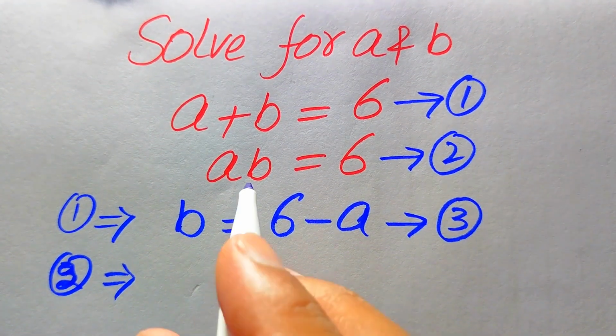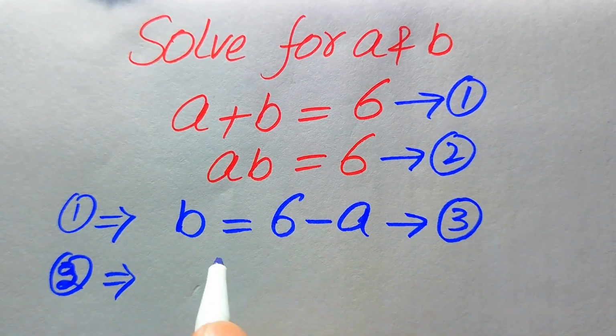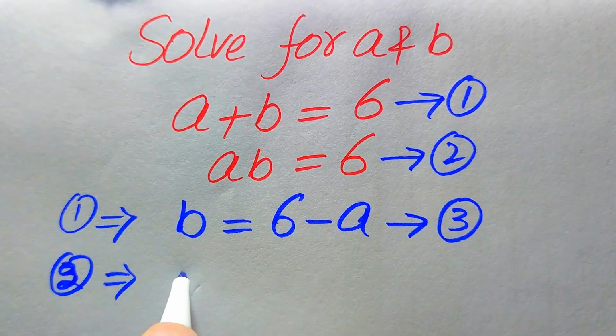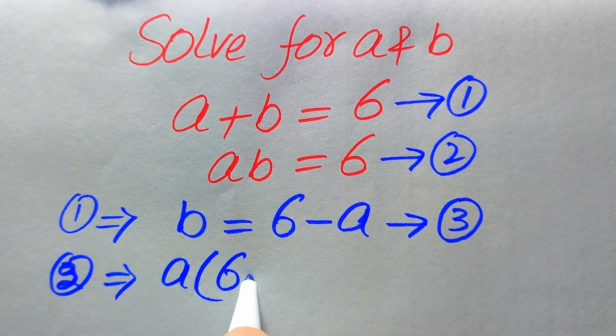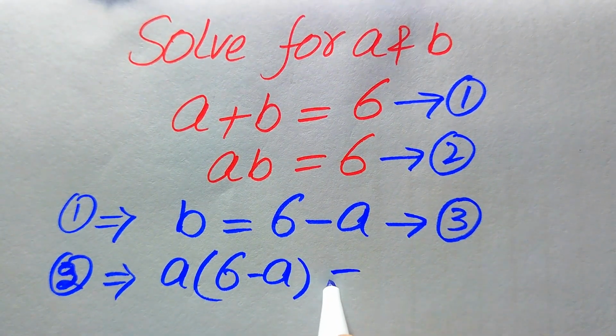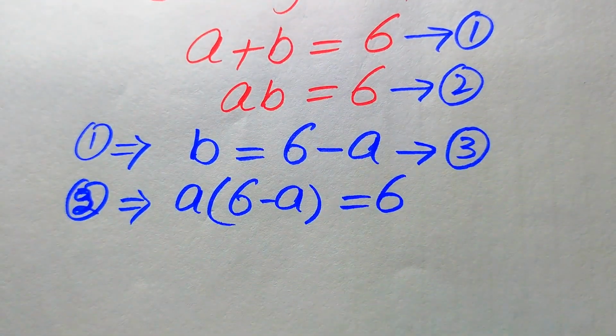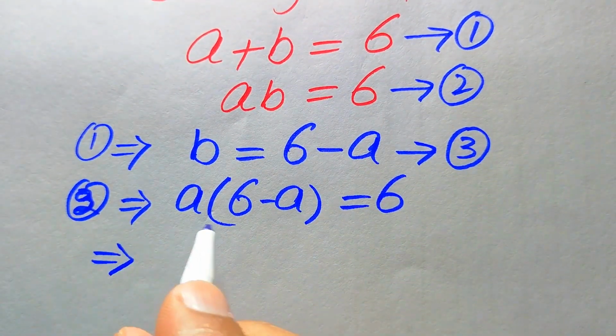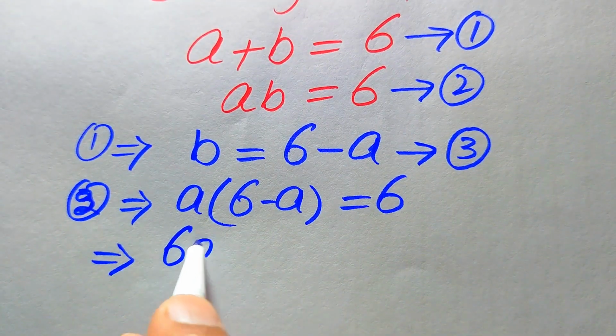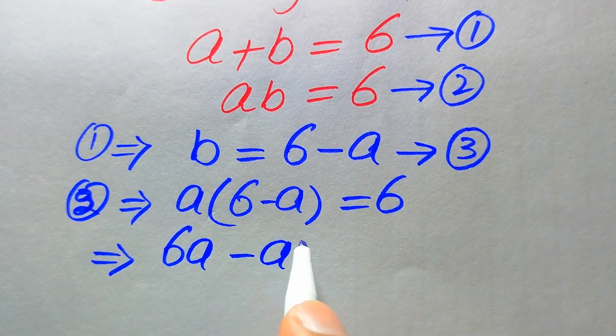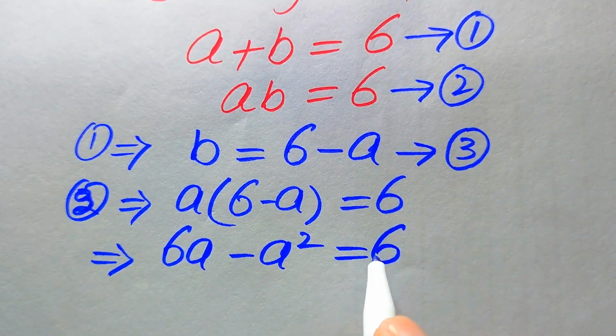So we put this value of b from equation number 3 into equation number 2, and equation number 2 implies that this is a times of b. The value of b is 6 minus a is equals to 6. So now we multiply this a separately on both of these two values, and we get 6a minus a square is equals to 6.